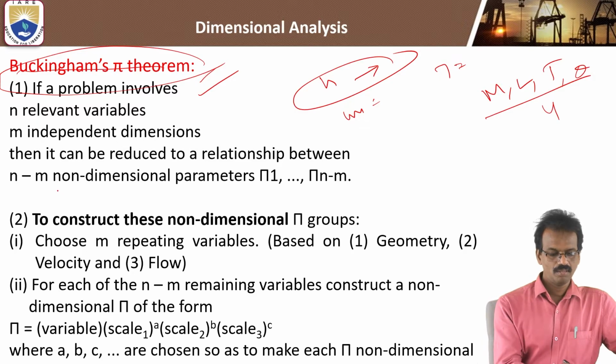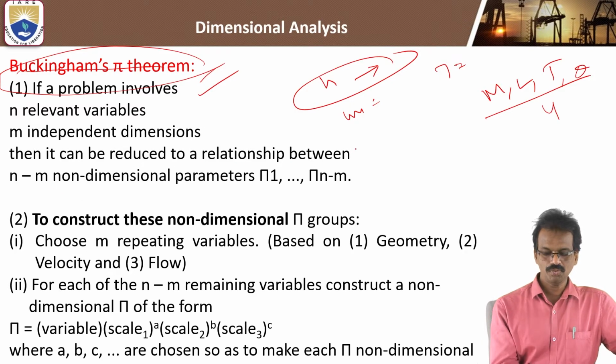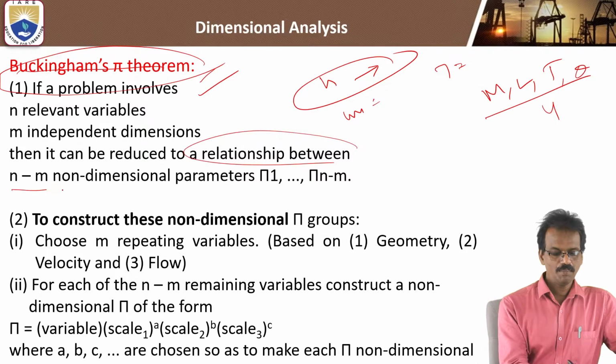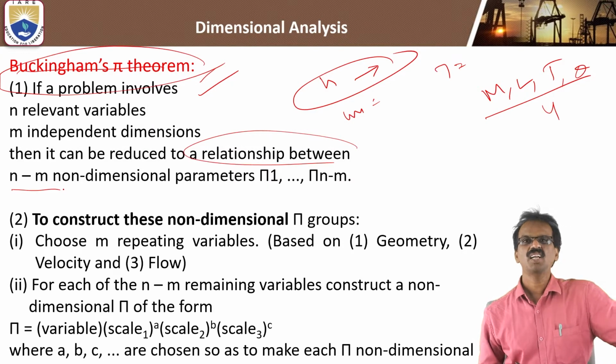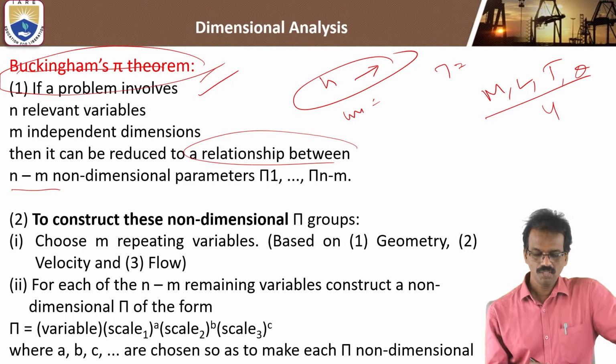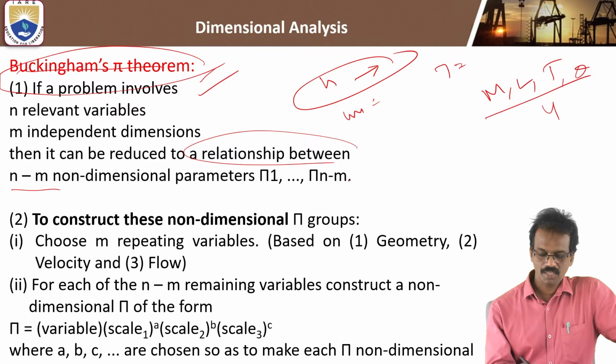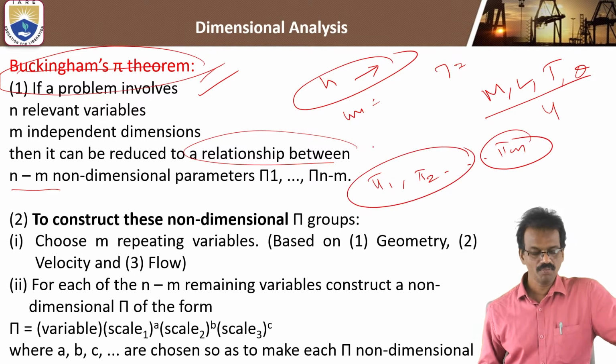Then it can be reduced to a relationship between n minus m non-dimensional parameters. We'll see some parameters, just like terms, pi terms: pi 1, pi 2, pi 3, up to pi m. We have to identify the number of these pi terms.